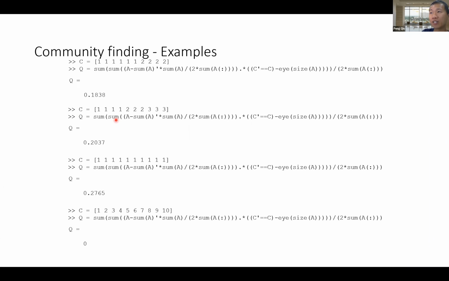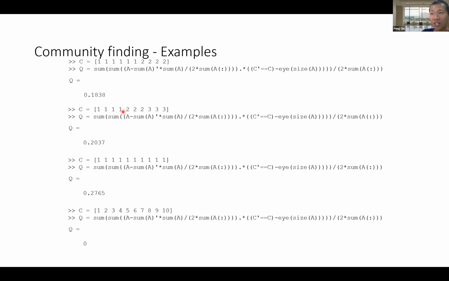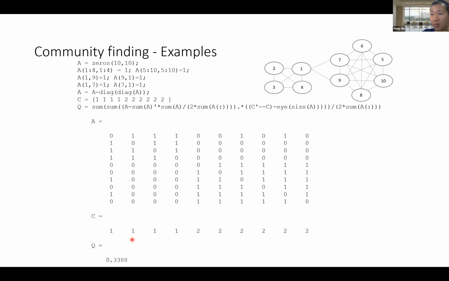But if we suggest incorrect clustering solutions, for example, if we want to break this into 3 clusters this way, or we view everybody in the same cluster or everybody as a different cluster, we always get a lower modularity. So this is giving you a few examples showing that incorrect or inappropriate cluster solutions, compared to this more appropriate one, will give you lower modularity.